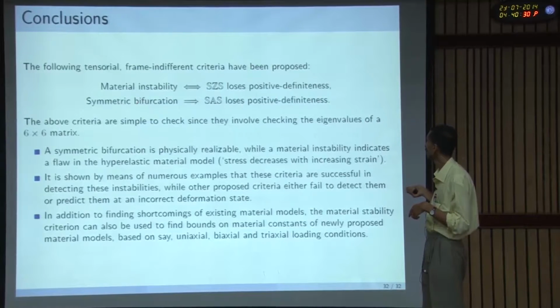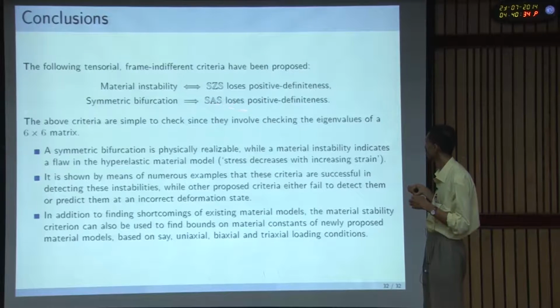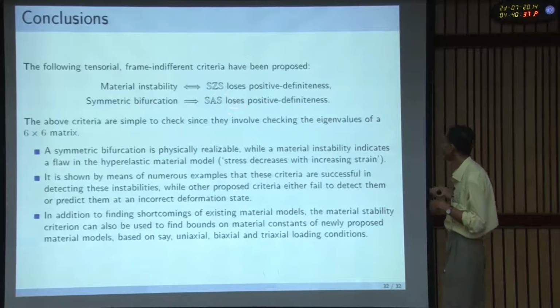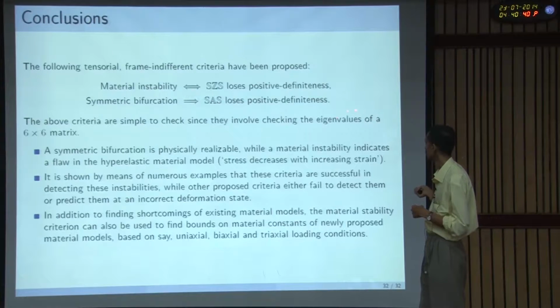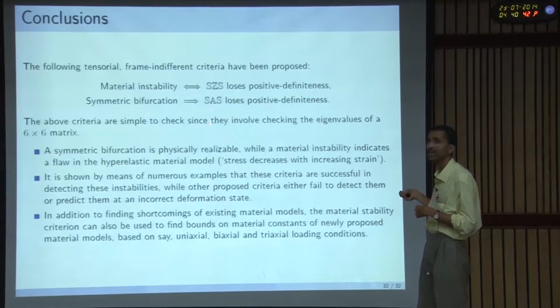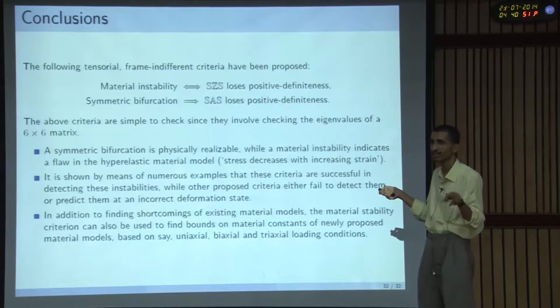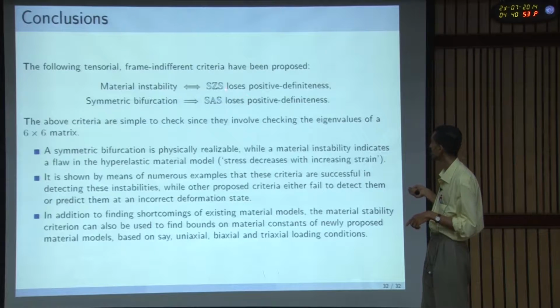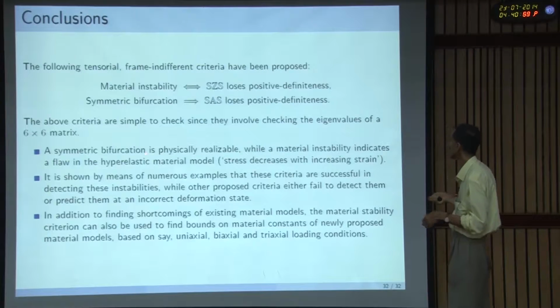And for symmetric bifurcation, a necessary condition, not a sufficient one, is that your first elasticity tensor loses positive definiteness. The practical way to check these criteria is to check the eigenvalues of a 6 by 6 matrix, because you can convert these tensors to matrices using some tensor to matrix mappings. You can even put them inside a finite element code and things like that.